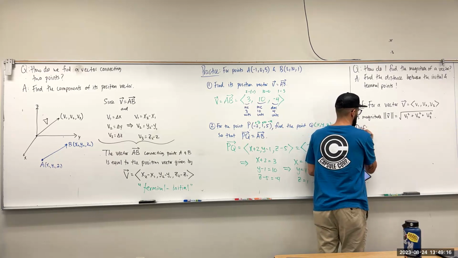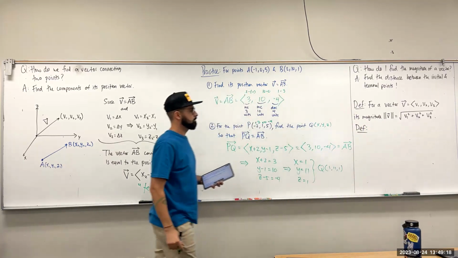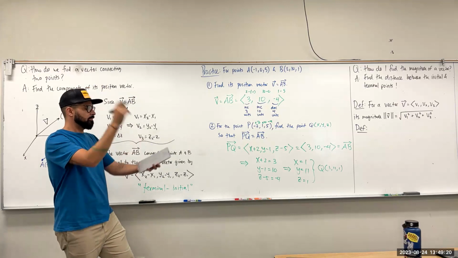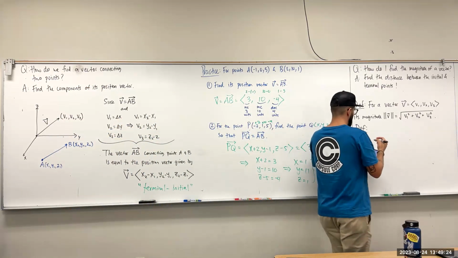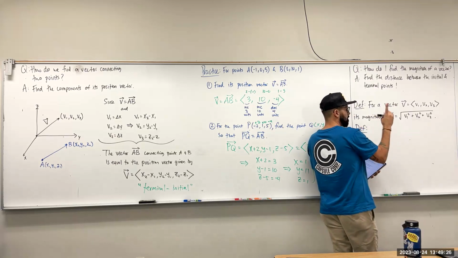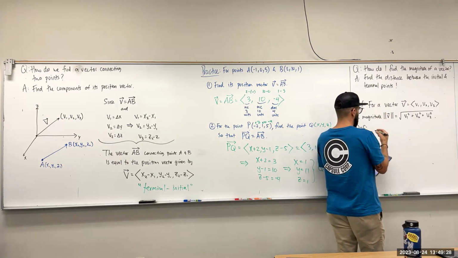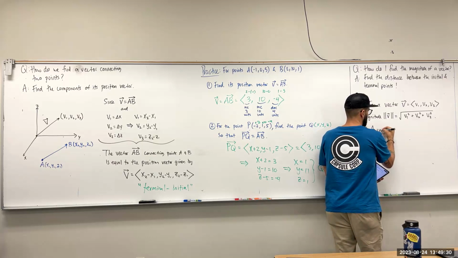One more little definition. We're going to say a vector with magnitude 1, that's a special kind of vector. We're going to call it a unit vector.